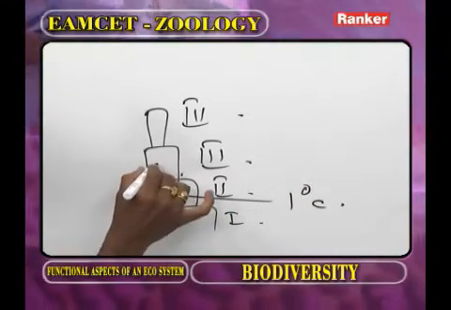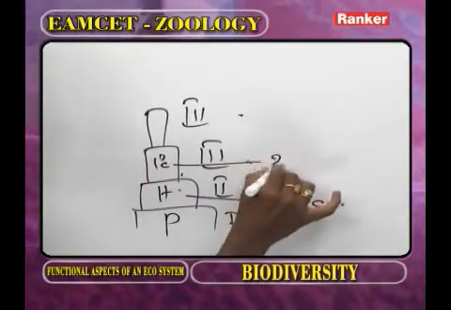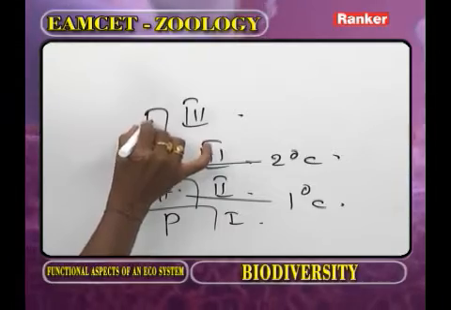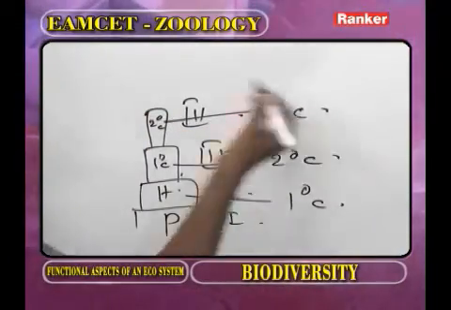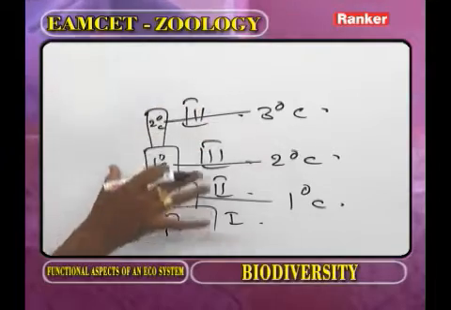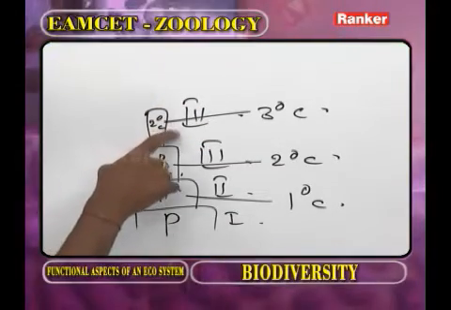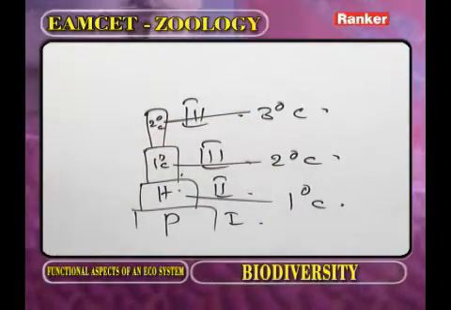The third trophic level is occupied by the primary carnivores, also called secondary consumers. And the fourth trophic level is occupied by the tertiary consumers. In a food chain, the tertiary consumer is also called the secondary carnivore.